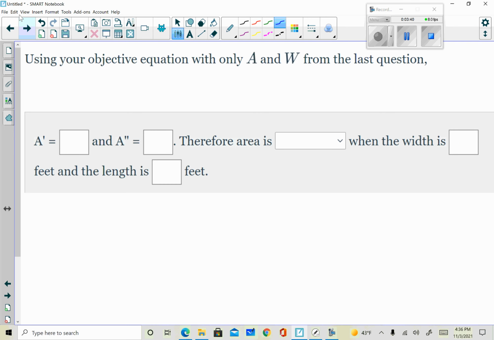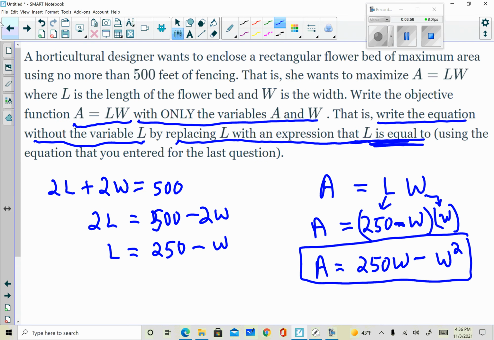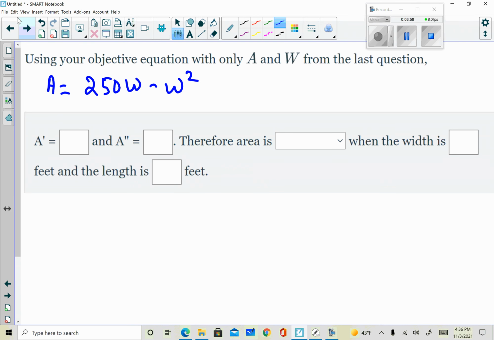Using your objective equation with only A and W from the last question, so that was A equals 250W minus W squared. Let's double check. That's it. So using that, we want A prime. A prime, the derivative of 250W is 250, and the derivative of minus W squared is minus 2W.